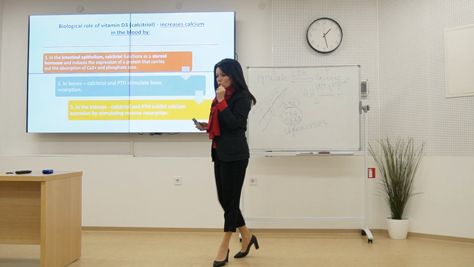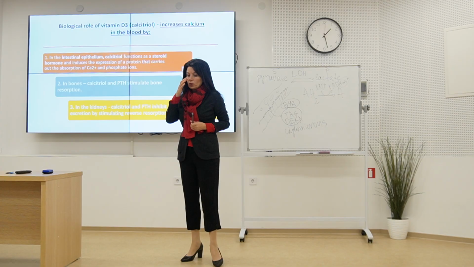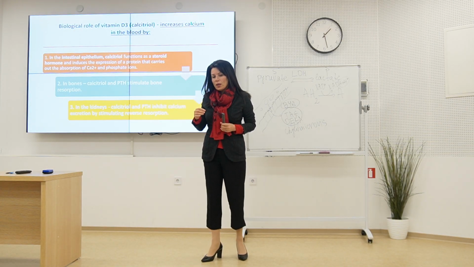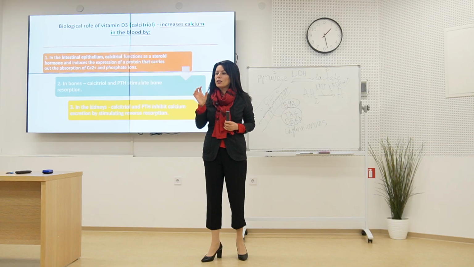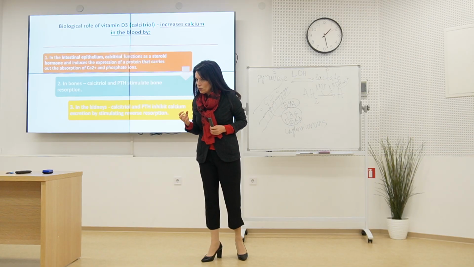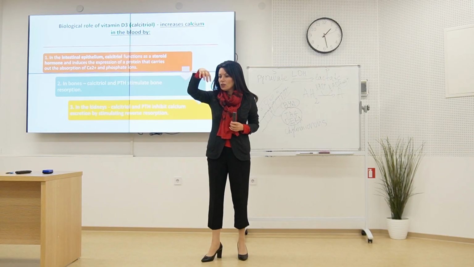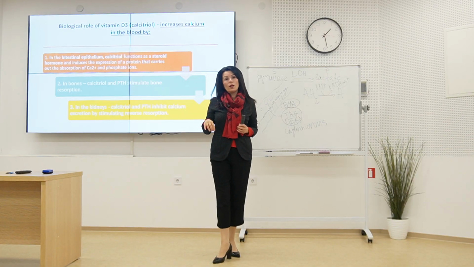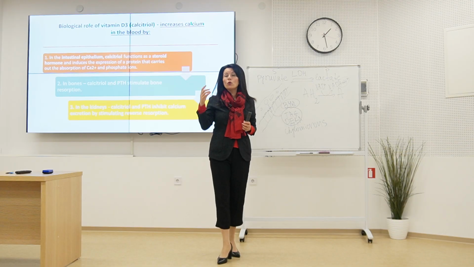Why is it possible and what does it mean to increase the absorption? This means that D3 is responsible for the genetic expression of some protein transport channels to start the transport of calcium from the lumen to the blood. Understand? Why is it possible?